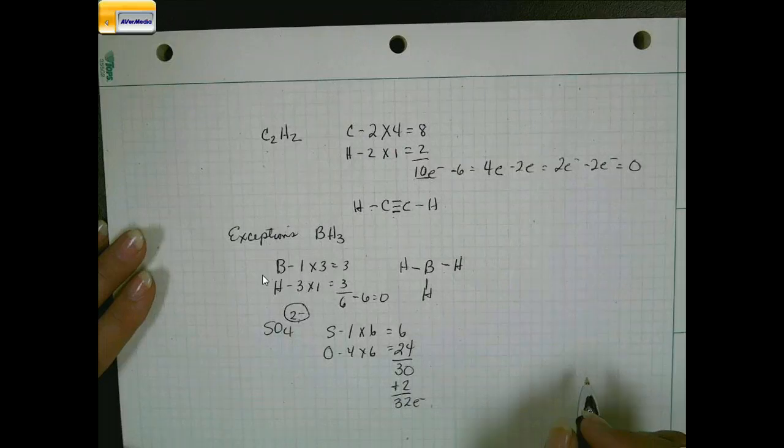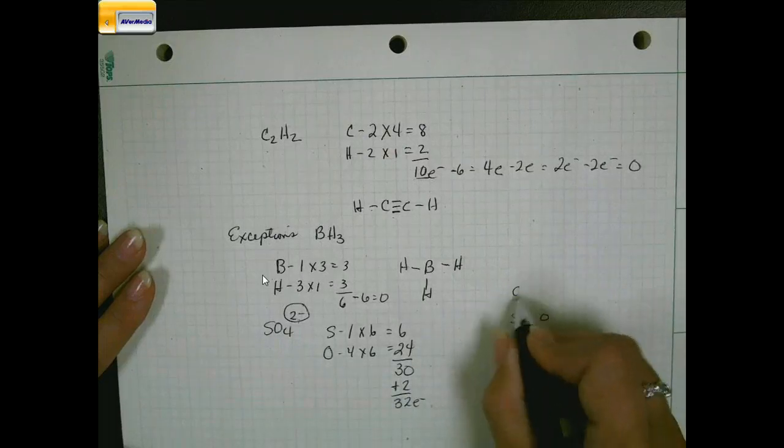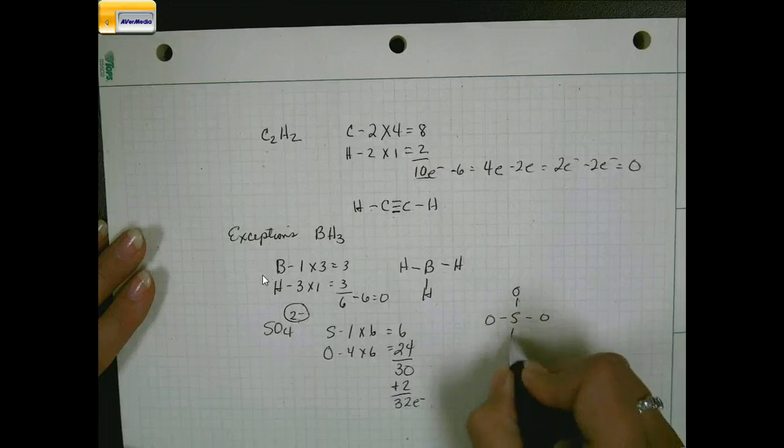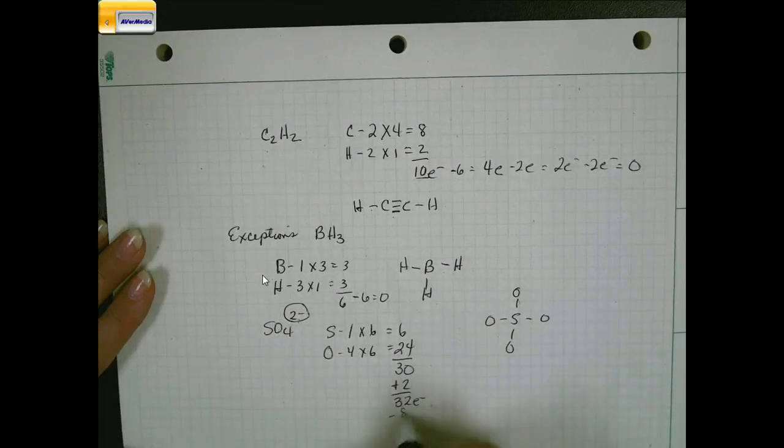So sulfur will be the central atom because it's unique. I'm going to attach each of my 4 oxygens, and I've used 2, 4, 6, 8 electrons, and that leaves me with 24 electrons.